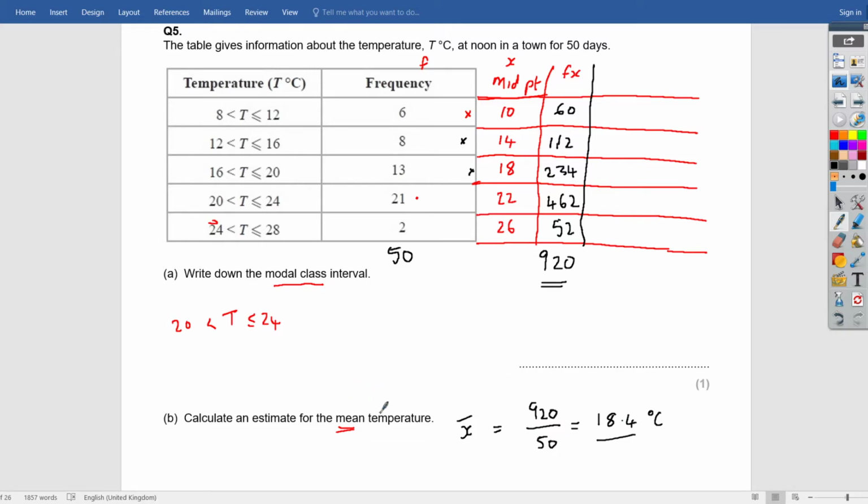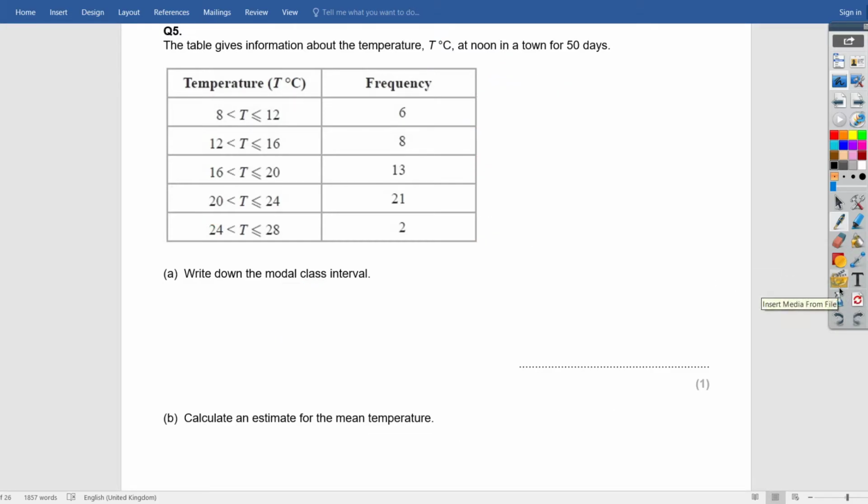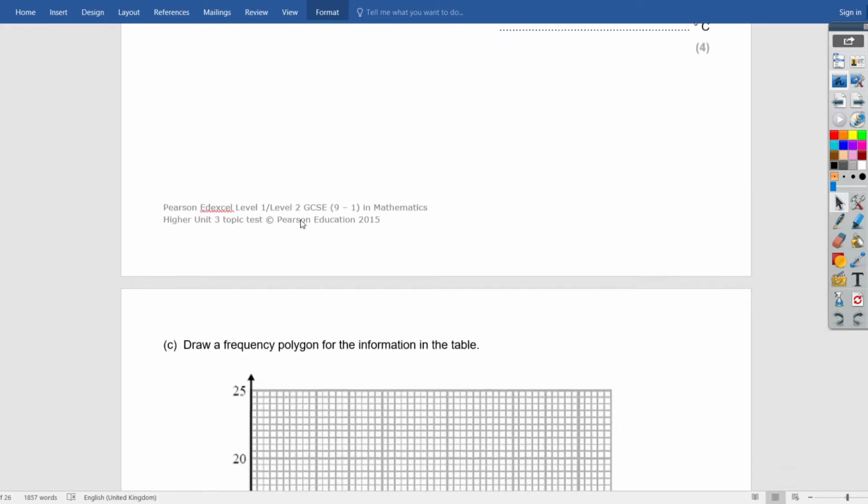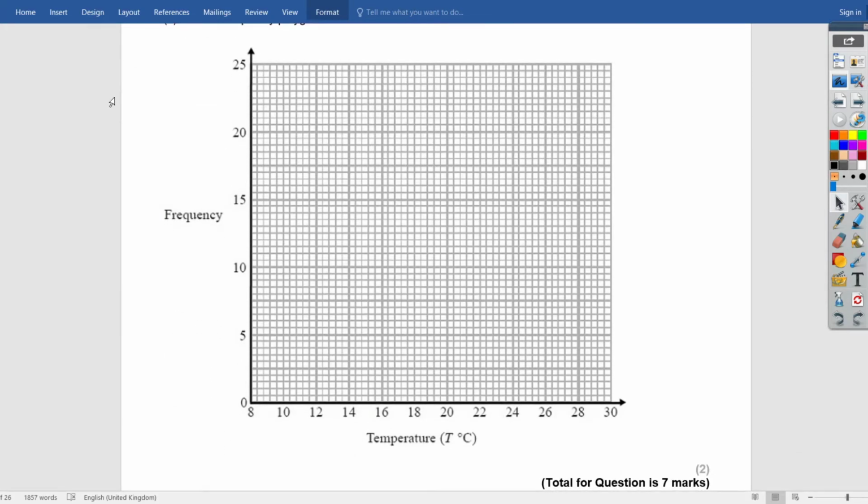Now, when we're plotting, we've got these frequencies here. The next question is C. Scroll down. So okay, let's just clear all this, and let's go and plot this. Now, let me try to get back here, and if I can, copy this and get closer to here.